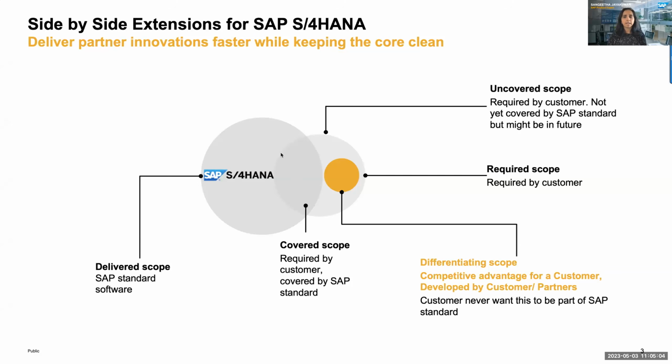At the same time, there are still some requirements which are unique to a customer. They are really required for the business, but not part of the SAP standard. So there you see we have some required scope and the uncovered scope, which is not part of the SAP standard. This gives you, as a customer or a partner, a unique opportunity to use this competitive advantage and quickly build enterprise-ready applications.